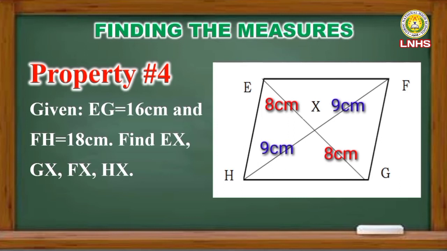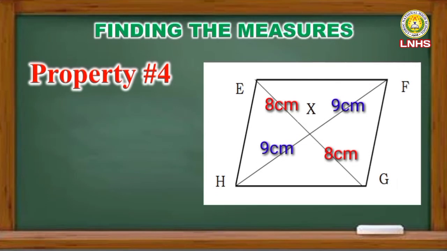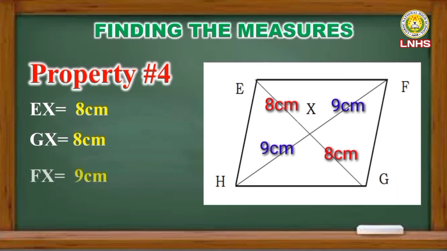While diagonal FH, 18 divided by 2 is equal to 9 centimeters. Therefore, our answer will be line segment EX equal to 8 centimeters, GX is equal to 8 centimeters, FX is equal to 9 centimeters, and HX is equal to 9 centimeters.